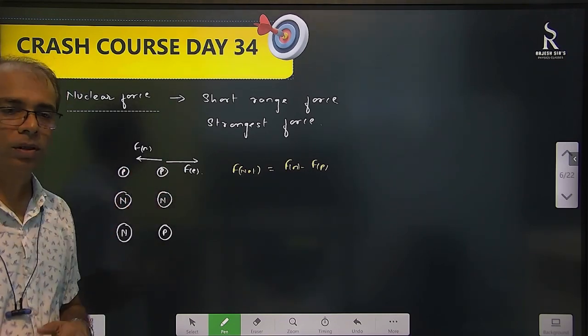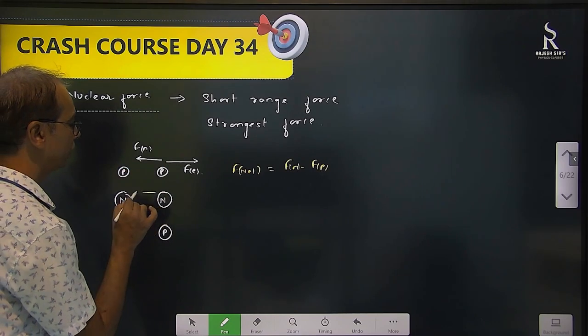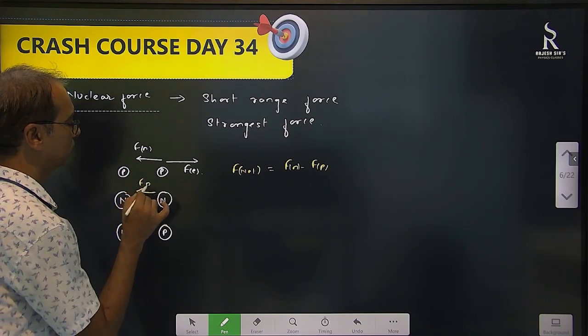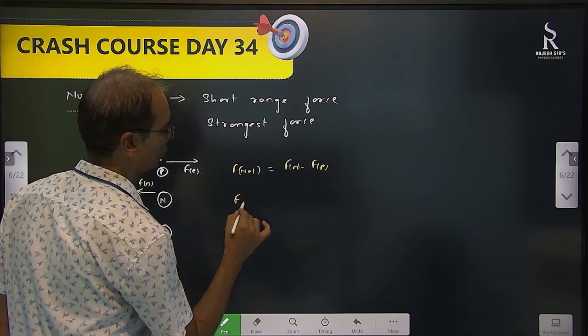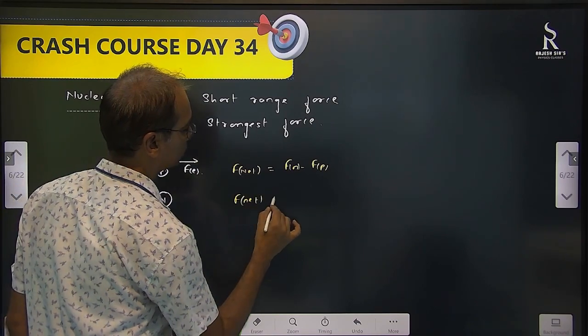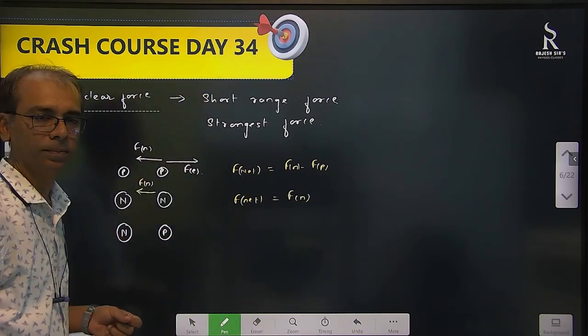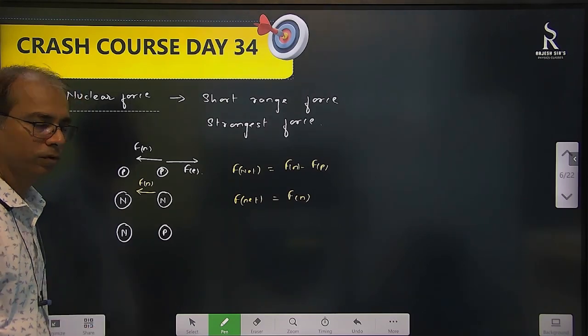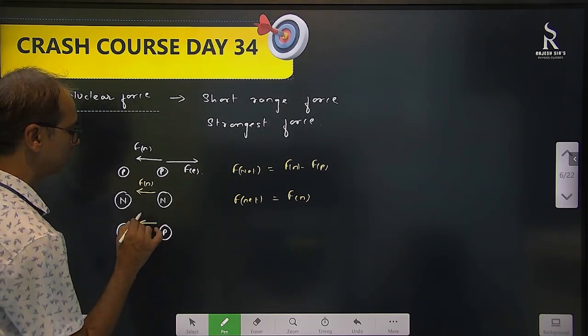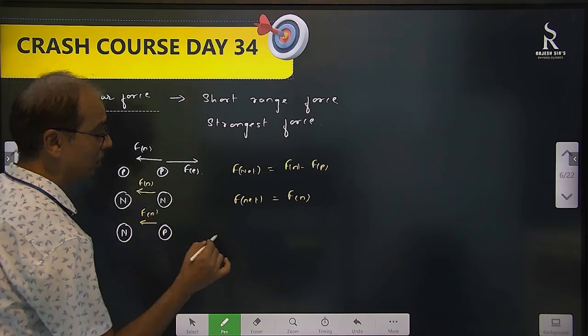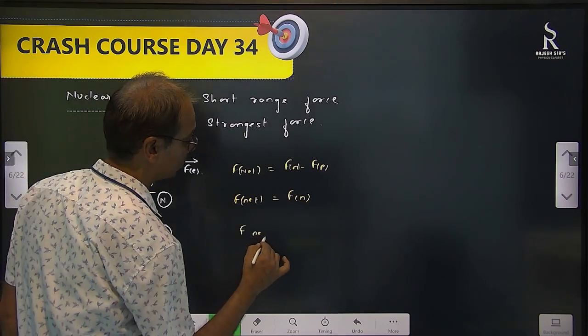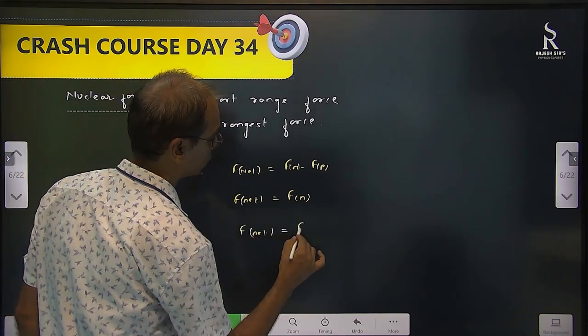Between neutron and neutron, there is only one force, the nuclear force. So in this one, the net force is Fn alone. Here, N and P, nuclear force alone. So sometimes this question is also asked about net force.